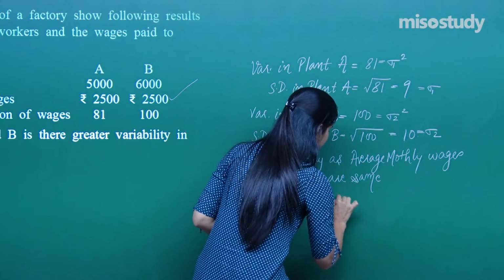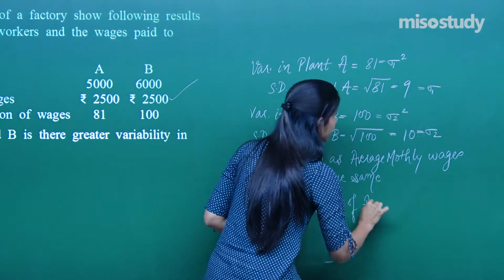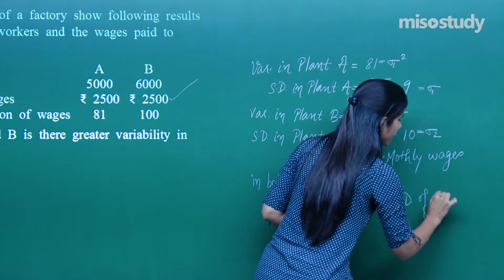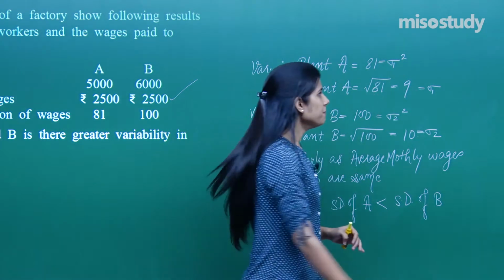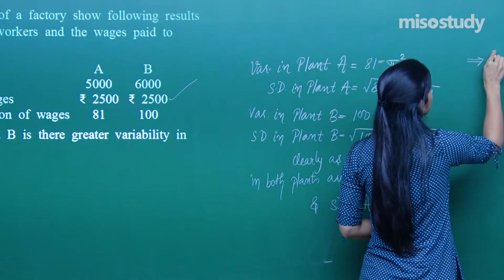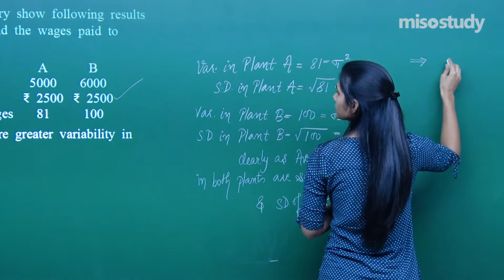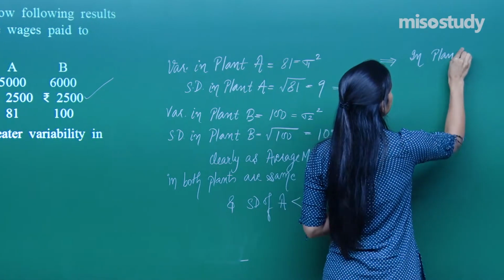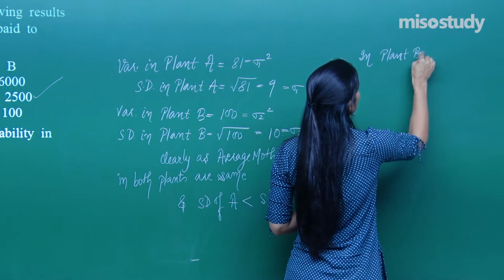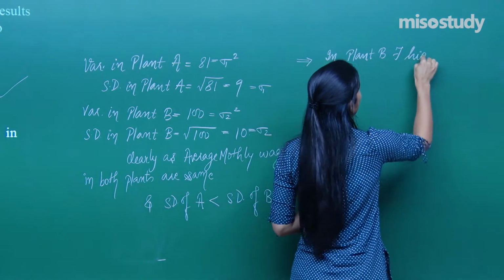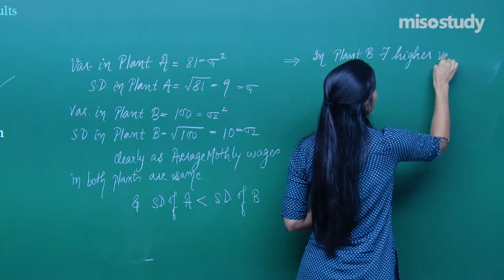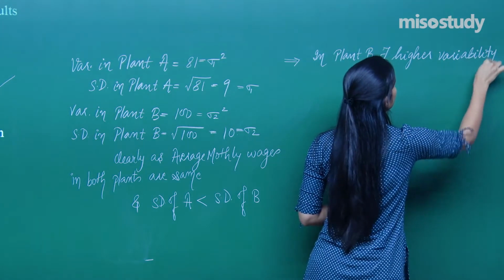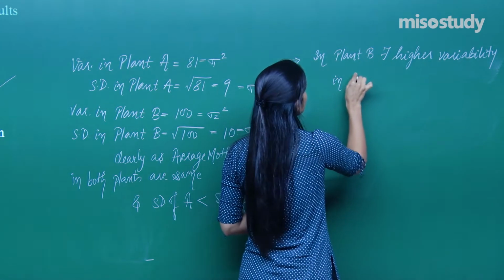And standard deviation of plant A clearly is strictly less than standard deviation of plant B. This implies what? Plant B. In plant B, there exists higher variability in individual wages.